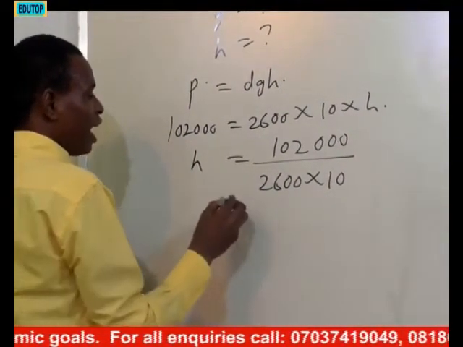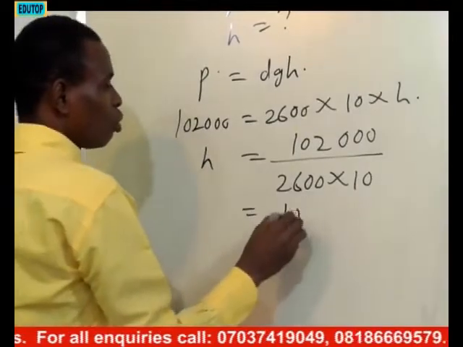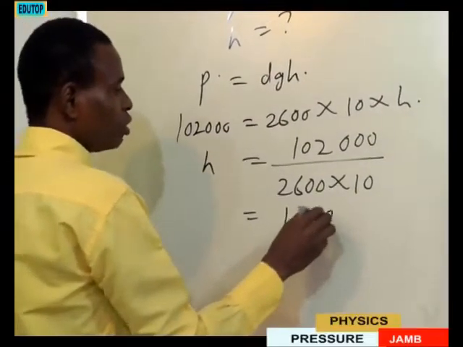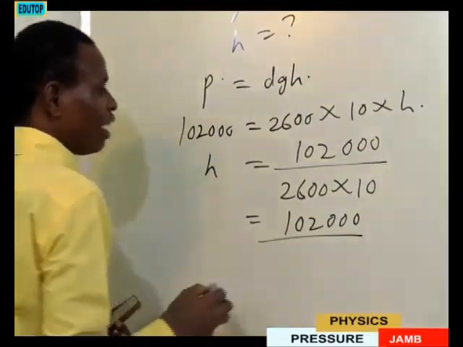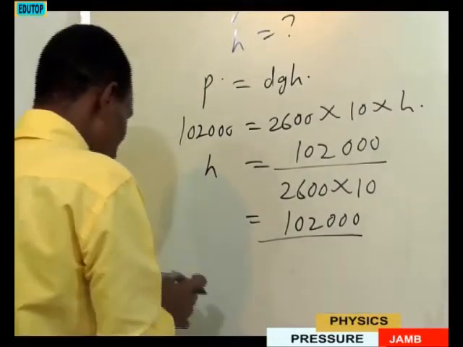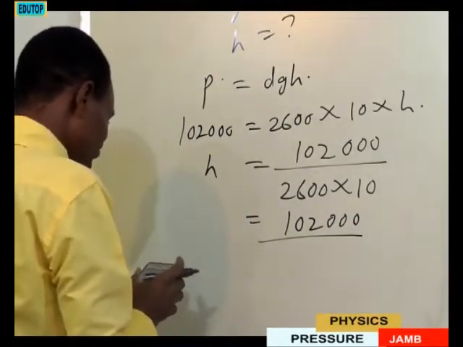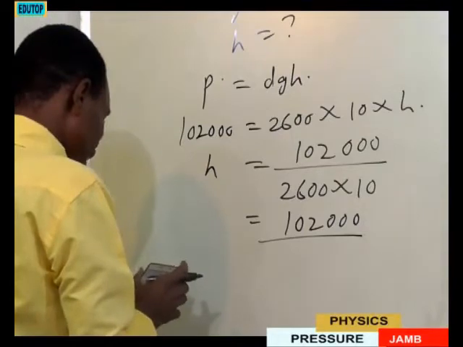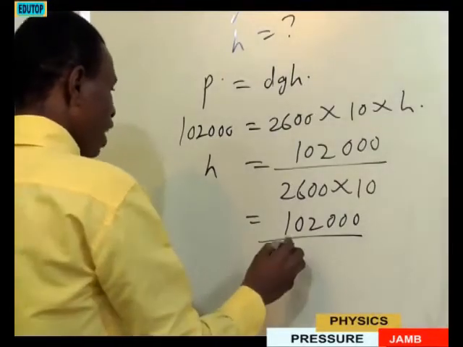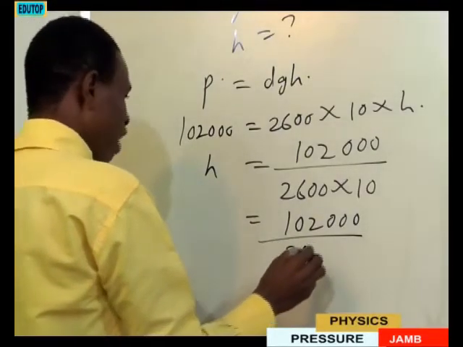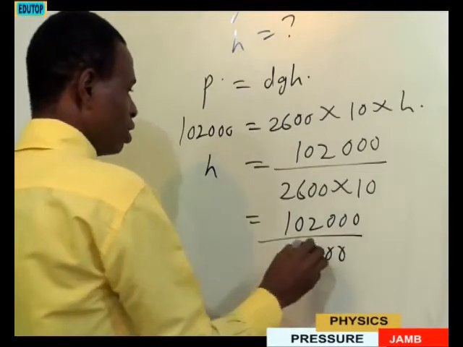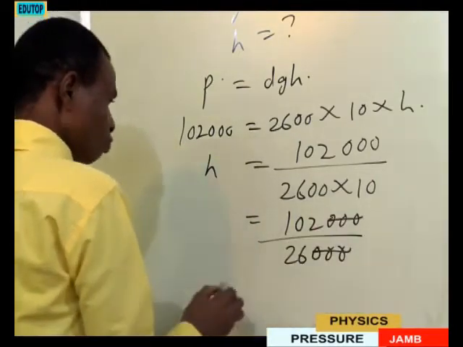Okay? And if you are having that, you can quickly multiply 2,600 by 10. We have 26,000. Okay, 0 times 0.